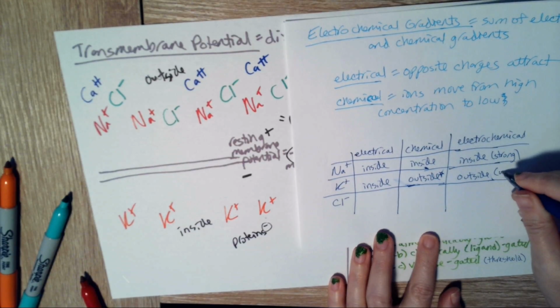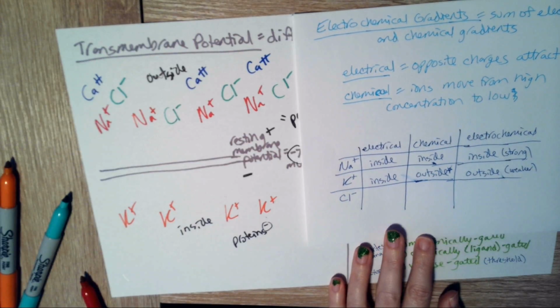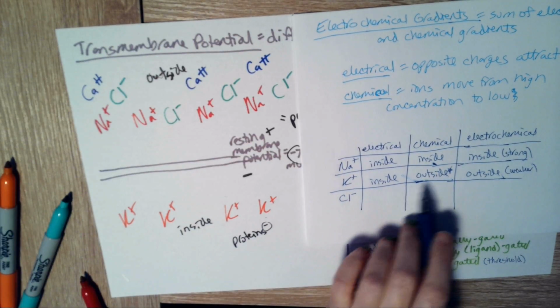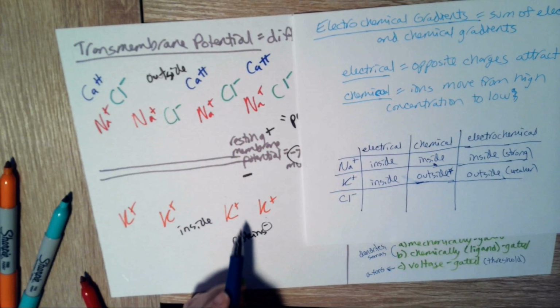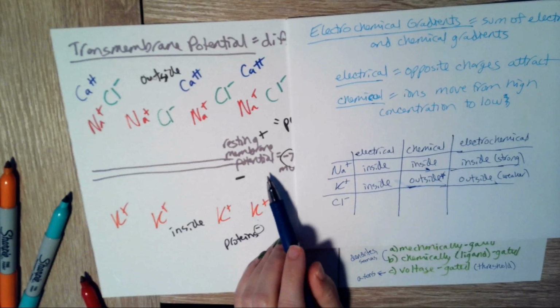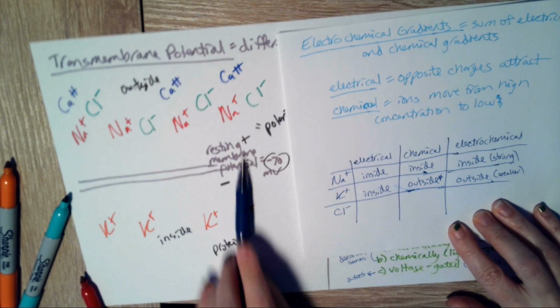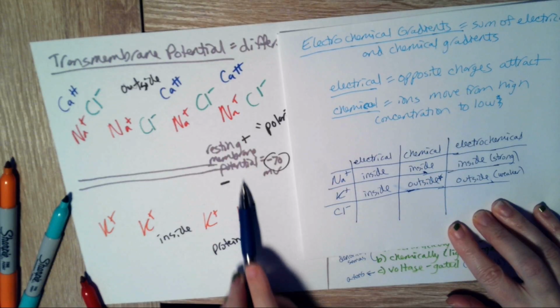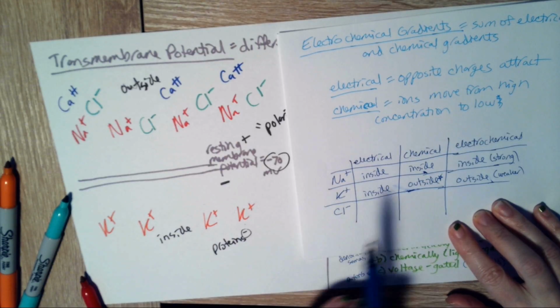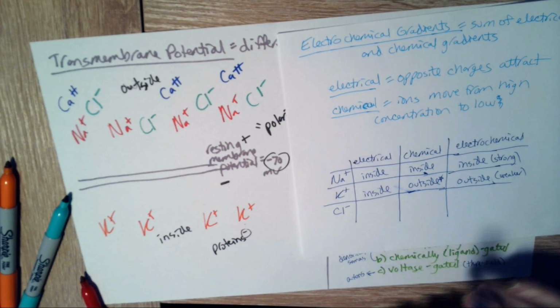Now, it's a weaker gradient than sodium's, to go inside, because these two don't agree. There is a bit of a draw for potassium to stay inside. It's just that at resting membrane potential, potassium has a bit more of a chemical push to go outside than the electrical push to stay inside.